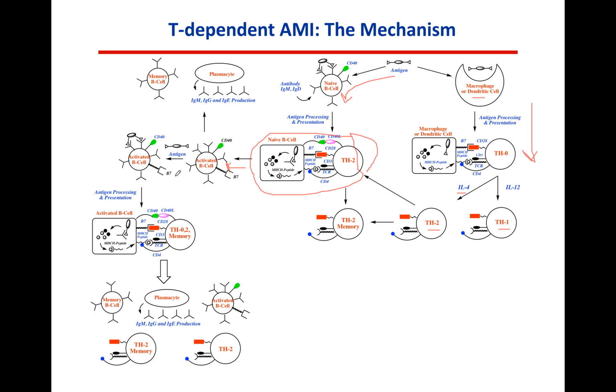The B cell interacting with the antigen leads to additional antigen processing, more T cell activation, and more memory cells, plasmacytes, activated cells, Th2 memory cells, and Th2 cells.